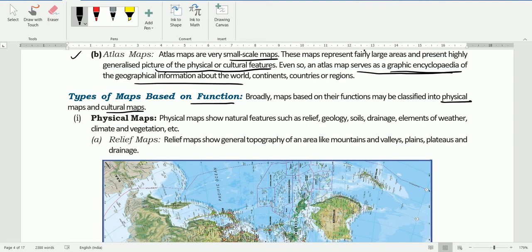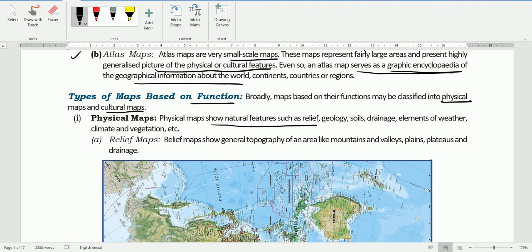Physical maps show natural features such as relief, geology, soils, drainage, that is the river system, then elements of weather, that is temperature, rainfall, humidity, then climatic conditions, vegetation, etc.